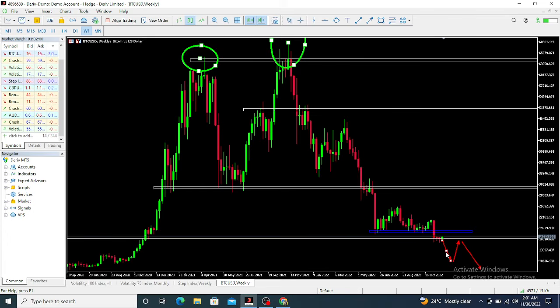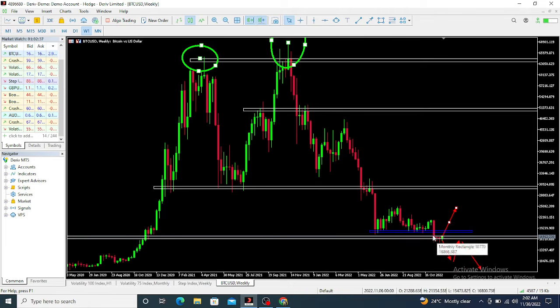Okay, if Bitcoin is able to break this area, but if we see a good bullish engulfing candle here, if Bitcoin closes within the week or within the month, a good bullish engulfing candle covering this initial red candle here, engulfing this to the upside, then that means Bitcoin is back to life and is going to start the rally back to the upside.